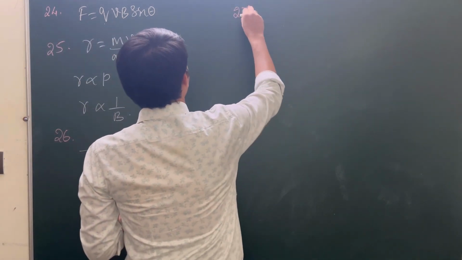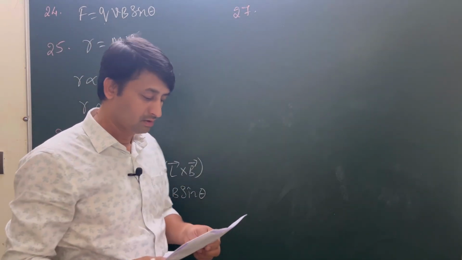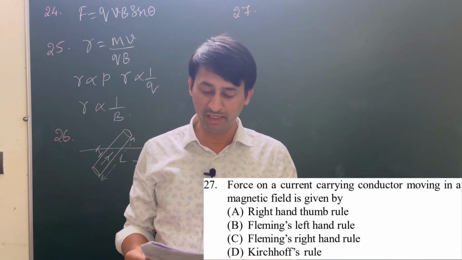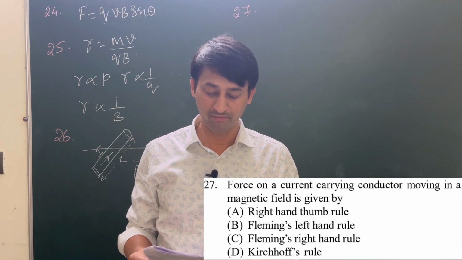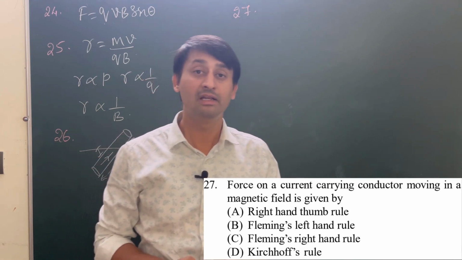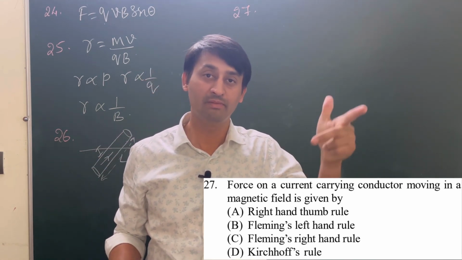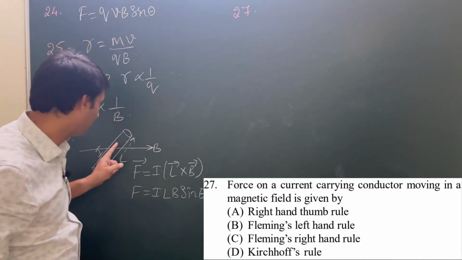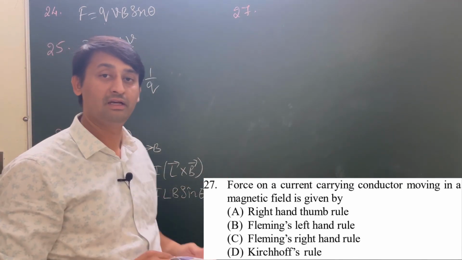Next, question number 27. Force on a current carrying conductor moving in a magnetic field is given by Fleming's left hand rule. Fleming's left hand rule gives the force acting on the current carrying conductor placed in the magnetic field.